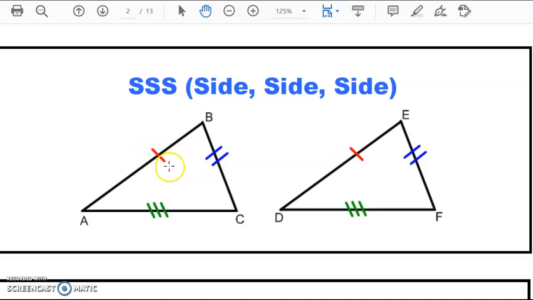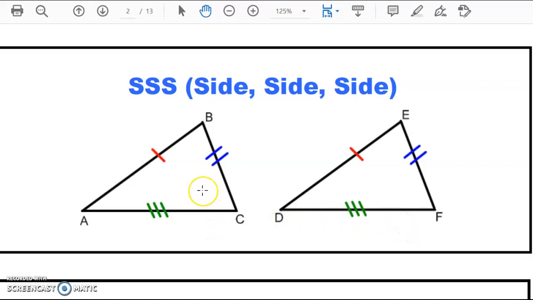With a single tick mark on side AB, and the same tick mark on side DE from the other triangle, we know that those sides are congruent. Got the double tick mark on BC, the double tick mark on EF, so we know that BC and EF are congruent. And you notice with the third side, these two also have the same tick marks.